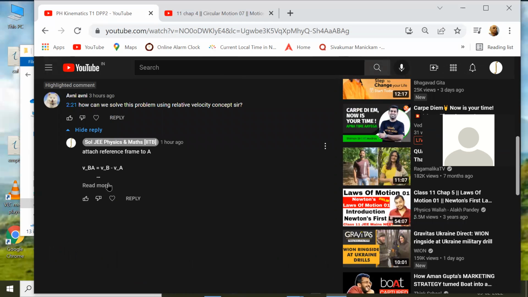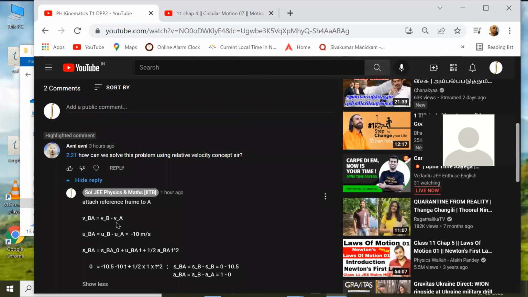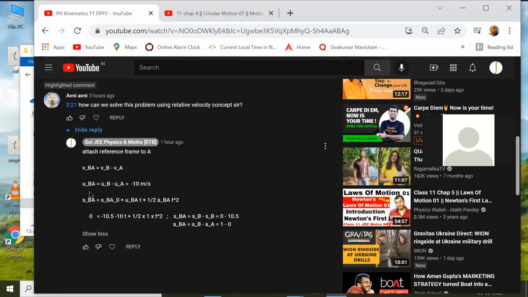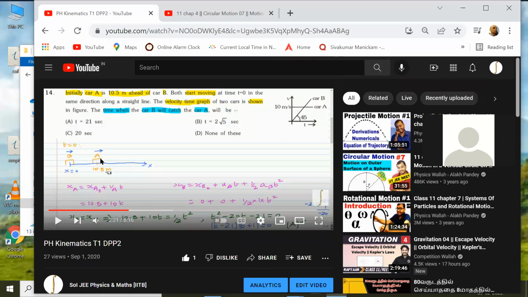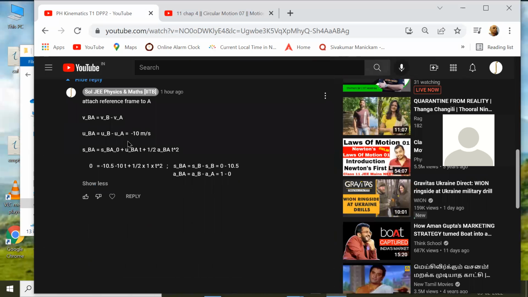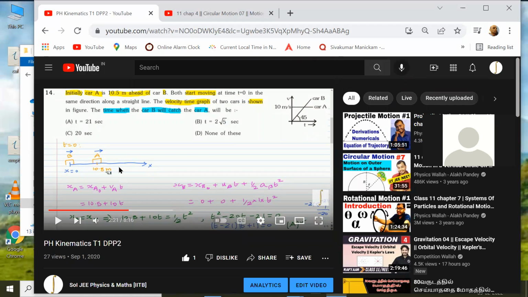Velocity of B, everything with respect to A. So it's VB minus VA, right? And initial velocity of B with respect to A is UB minus UA, that is minus 10, because initial velocity of B is 0 and initial velocity of A is 10. So UBA is minus 10 because the positive direction is towards the right.